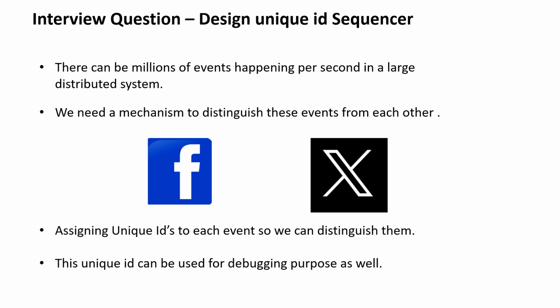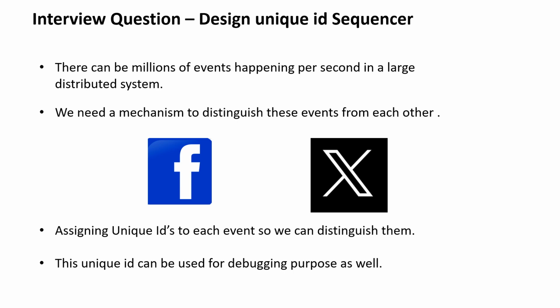So basically, the interviewer will normally ask that we need a way to create a sequencer or unique ID creator that can be assigned to each event so that we can distinguish each event separately.